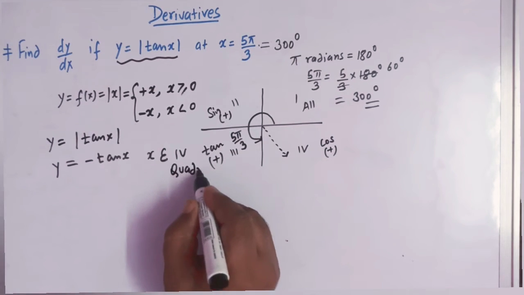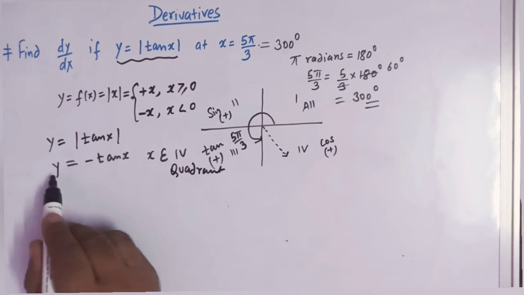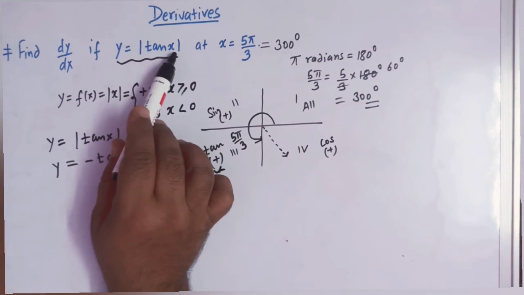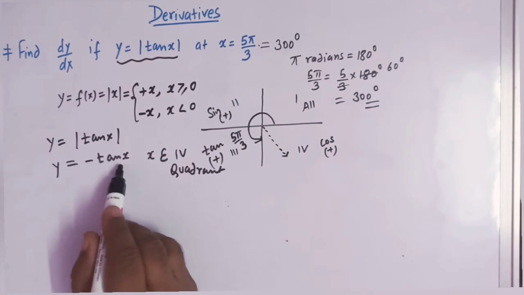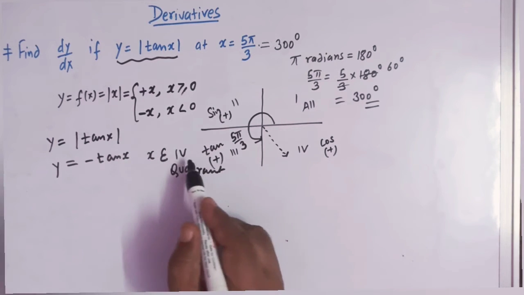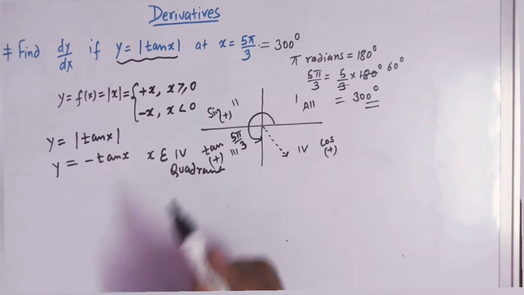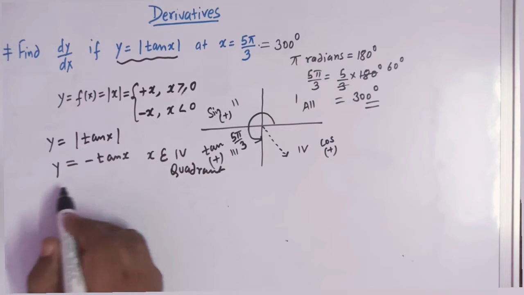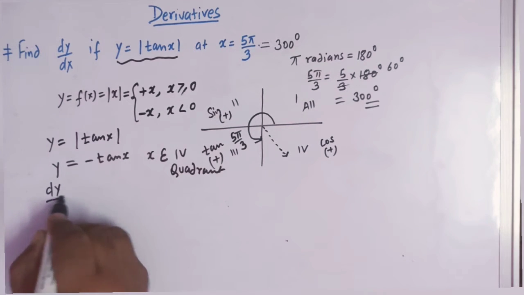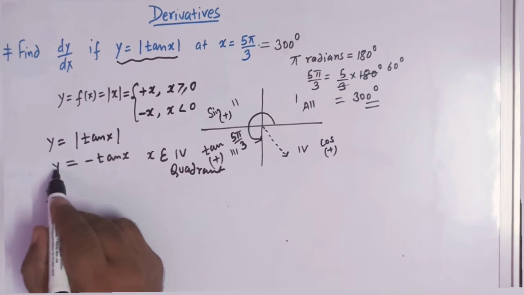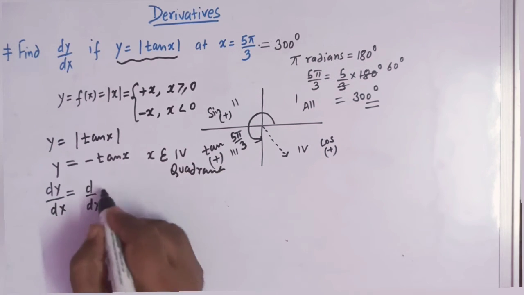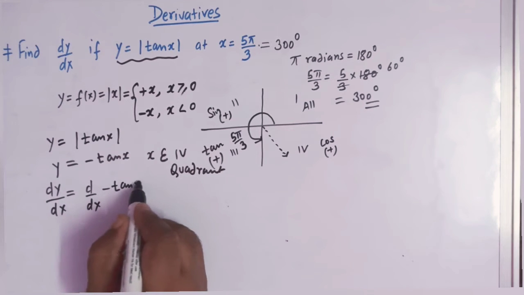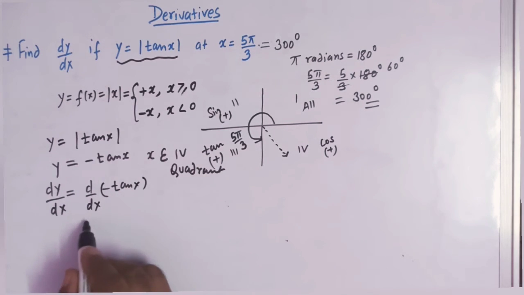So we have y = |tan x| = −tan x when x belongs to the fourth quadrant. Now if we differentiate both sides, that is, find the derivative of y with respect to x, then we have to differentiate −tan x with respect to x.